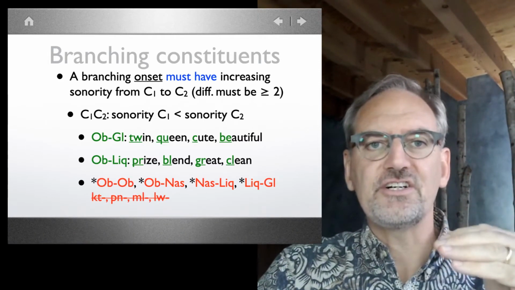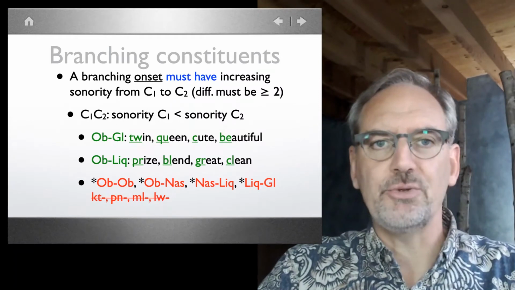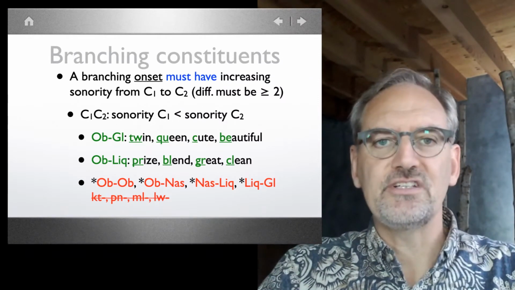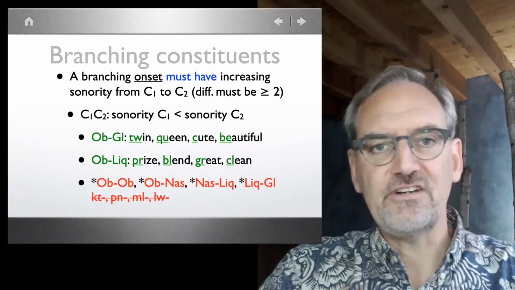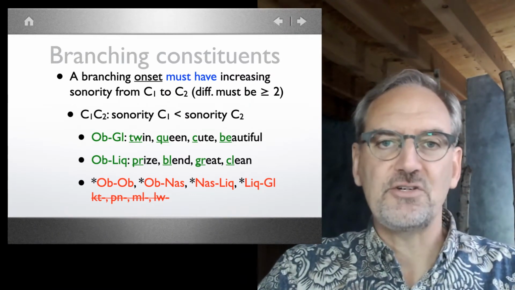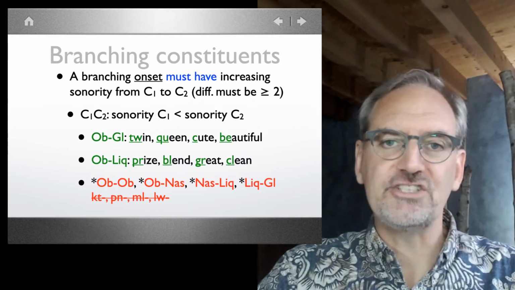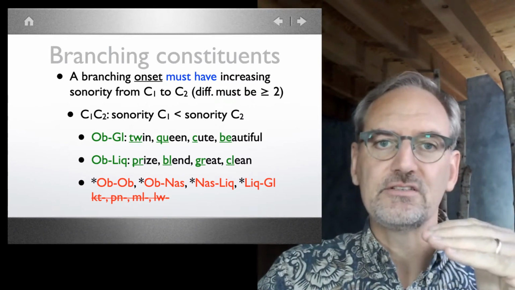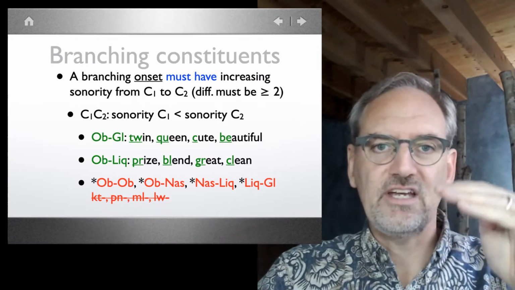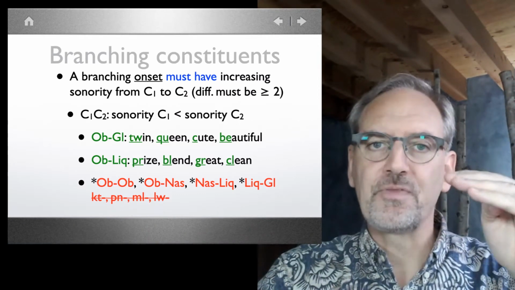But if I were to consider either obstruent obstruent or obstruent nasal sequences, well, there's not sufficient difference in sonority for that to make an acceptable branching onset. And the same would be true for nasal to liquid. Nasal to liquid is only a difference of 1.